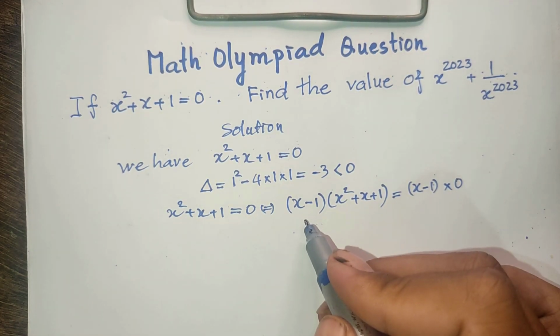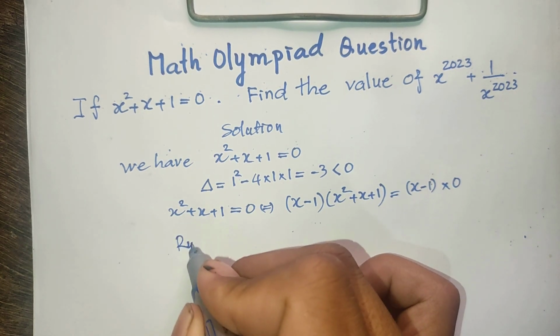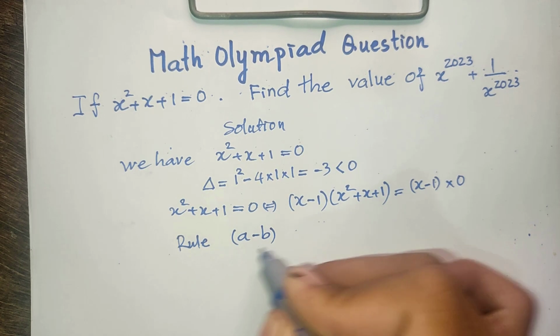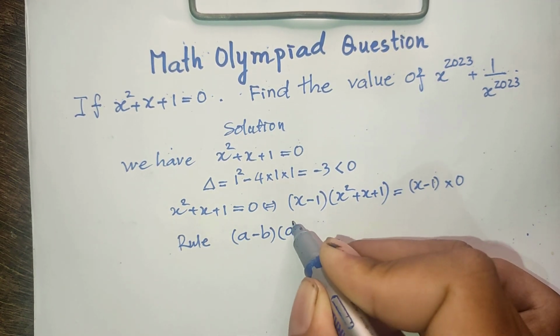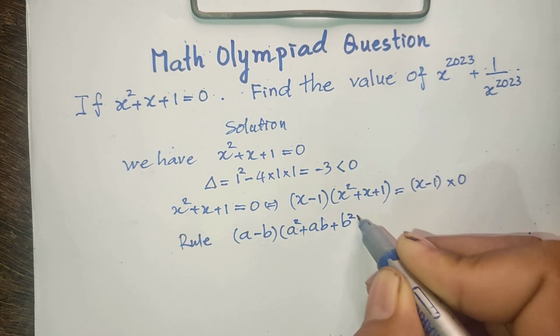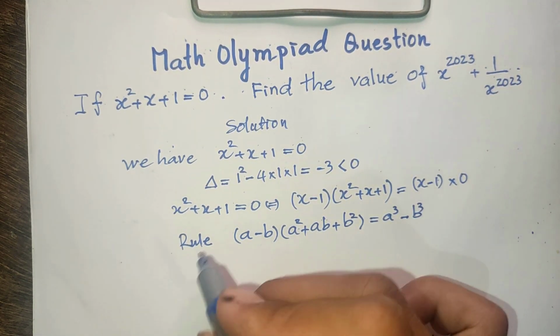And here we use the rule that a minus b multiplied by a squared plus ab plus b squared is equal to a power 3 minus b power 3.